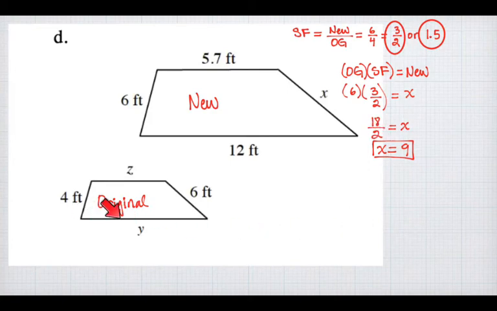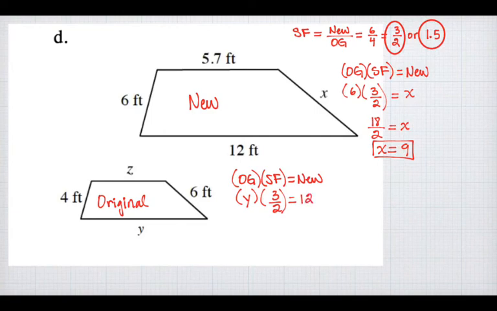Alright, now let's go with y. Original times scale factor equals new. So between y and the corresponding side, which is 12, which is the original? Y. So y goes right here. So now we have y times 3 over 2 equals 12.